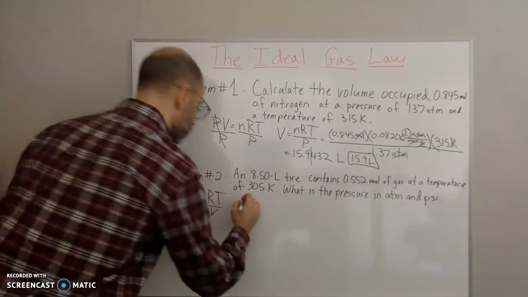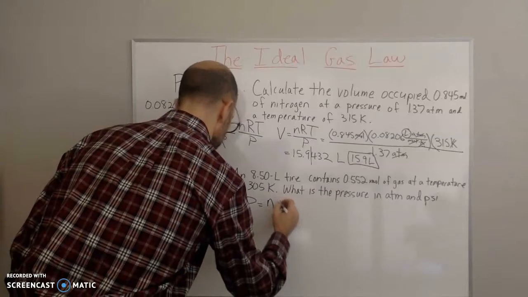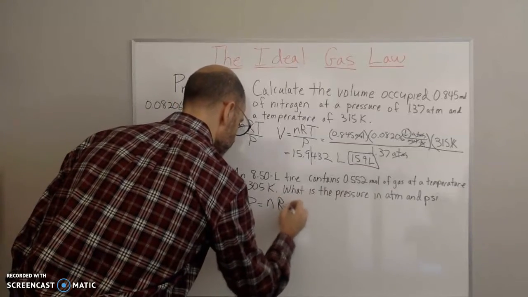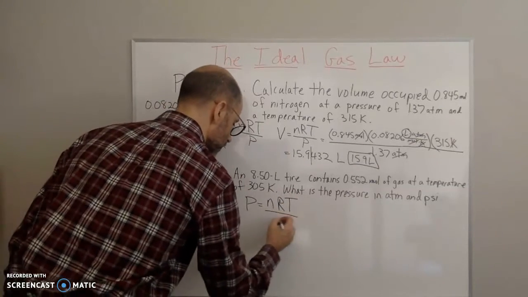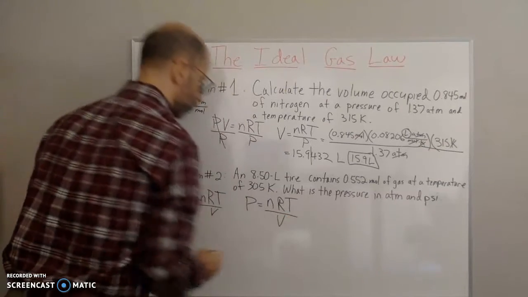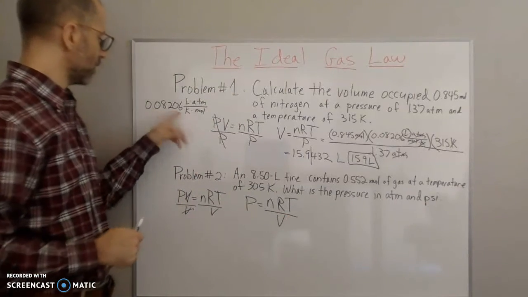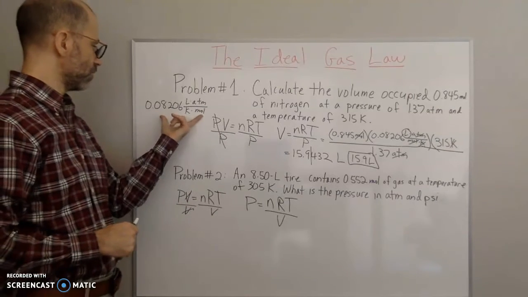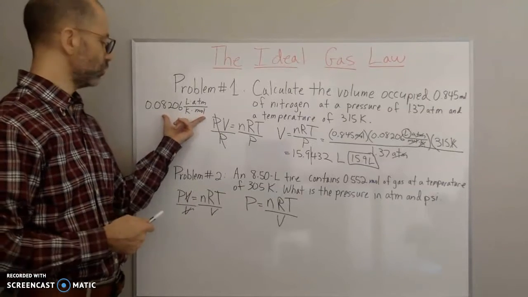We get pressure is equal to the amount of moles multiplied by the ideal gas law constant multiplied by T, divided by volume. Okay, so again, since this is the value we're using for the ideal gas law, we need to make sure that we have the right units.